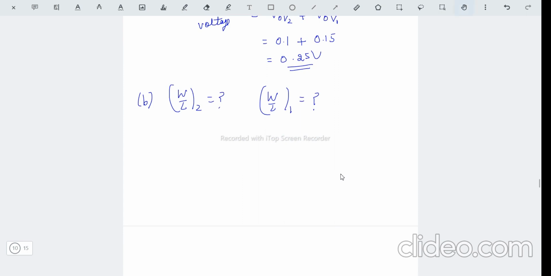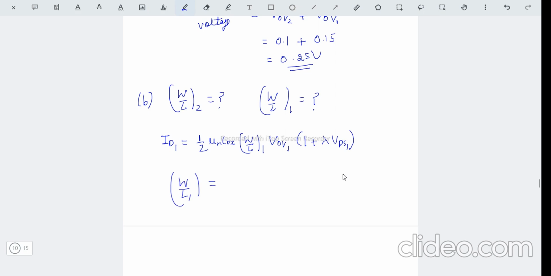So I shall write the drain current equation: ID1 equals half mu n Cox W by L of 1 times VOV1 squared, which is nothing but VGS minus VT1 whole squared, times 1 plus lambda VDS1, because the channel length modulation effect is present. We need to obtain W by L from this equation.